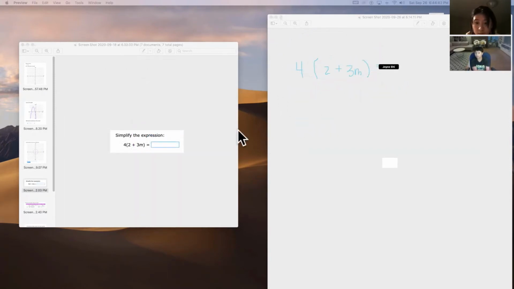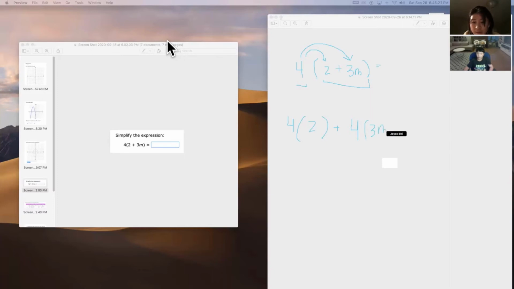So in this case, when you have a number outside of a parentheses, you multiply this number by both of the terms in the parentheses, because you can't combine these two terms, they're separate. So you could rewrite this as 4 times 2 plus 4 times 3m.